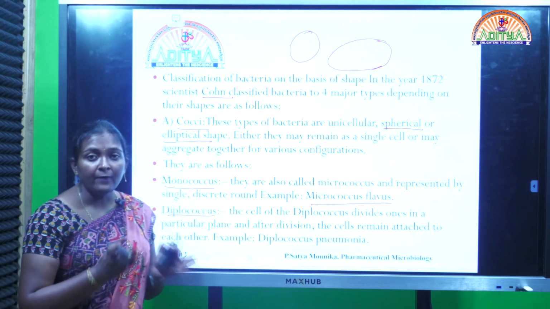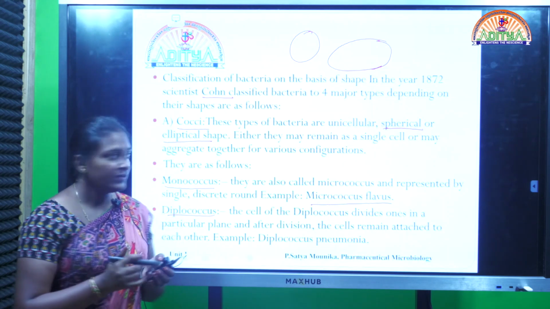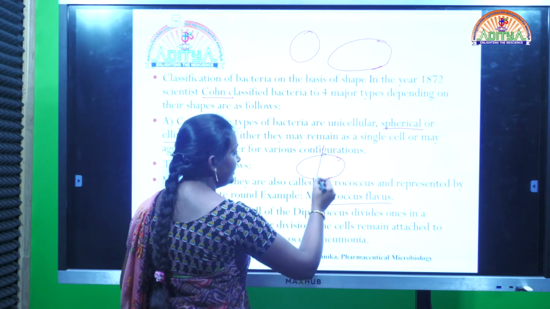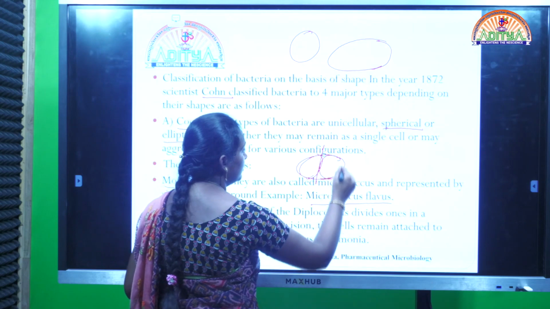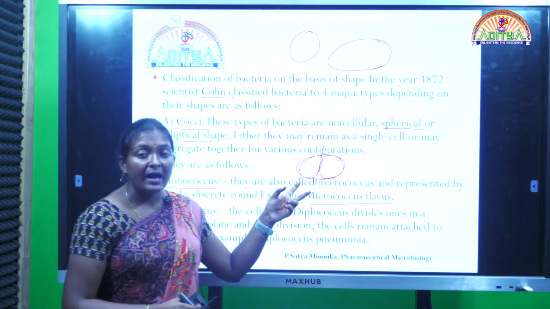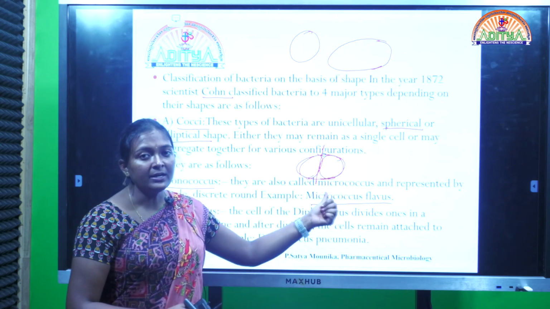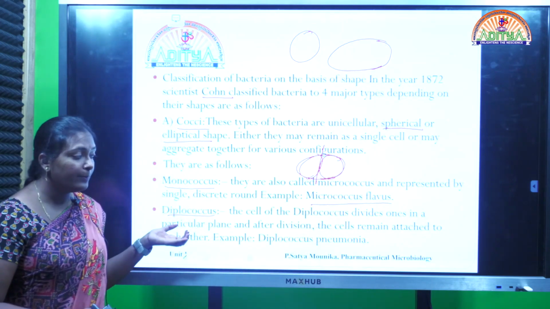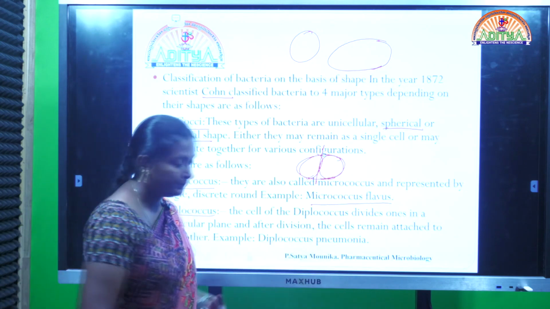But even after division, they remain attached to one another, which appears as a bunch of cells called Diplococcus. The example for Diplococcus bacterial cells is Diplococcus pneumoniae.